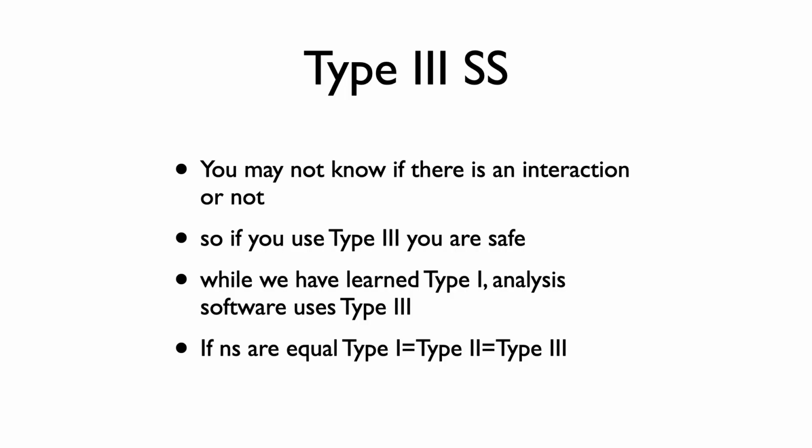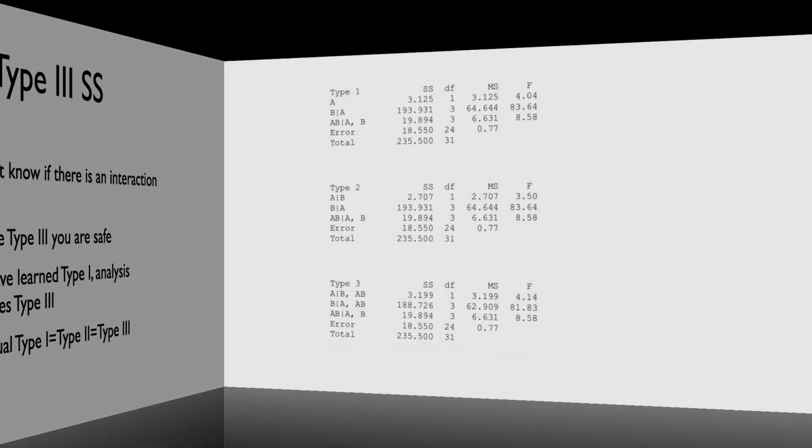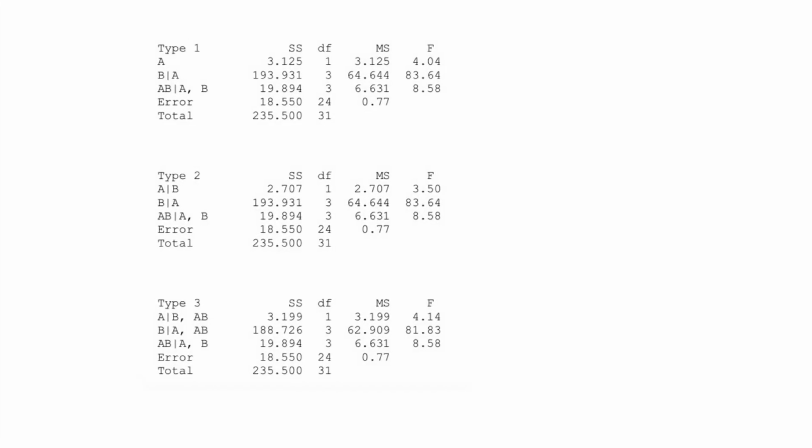And I can actually show you an example of this. This is just some cooked up data, some data I made up and then analyzed. I don't even have the data on me, but you can see here. I think on that screen you can hardly read it, so look at the screen here. This is a type 1 analysis, a type 2 analysis, and a type 3 analysis.